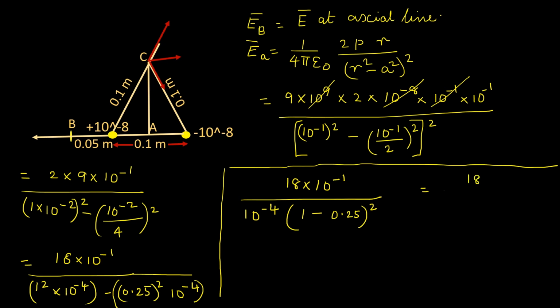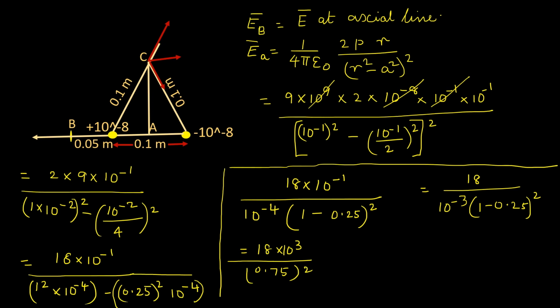So 18 divided by 10 raised to minus 3 into 1 minus 0.25 raised to 2. This becomes 18 into 10 raised to 3 divided by 0.75 raised to 2, which is equal to 18 into 10 raised to 3 by 0.5625.